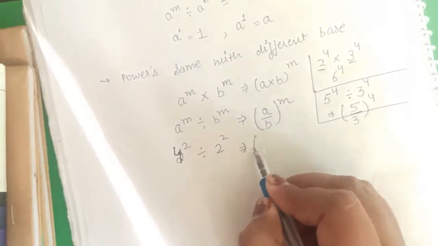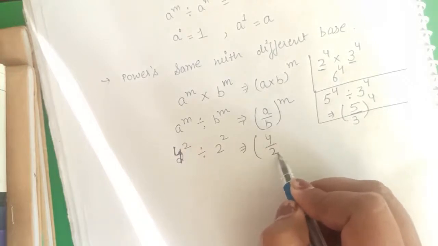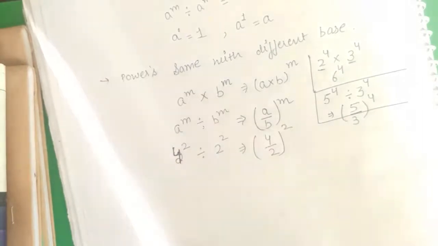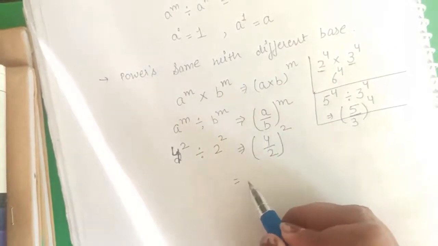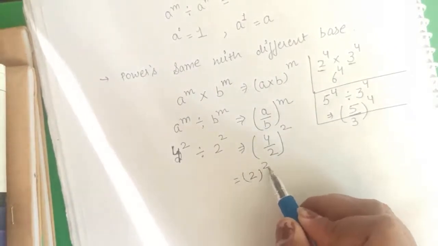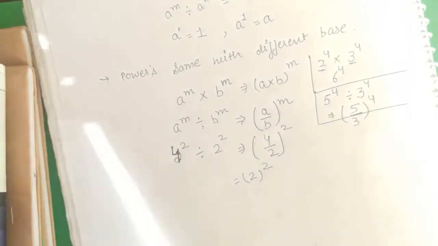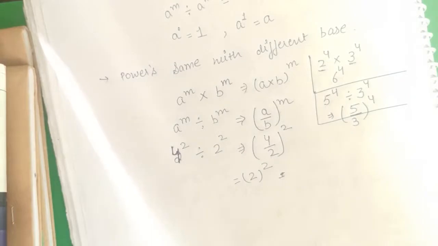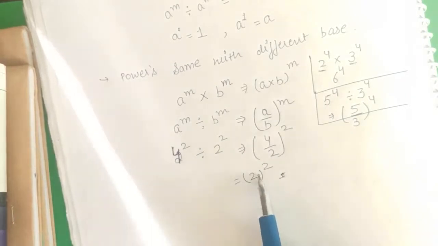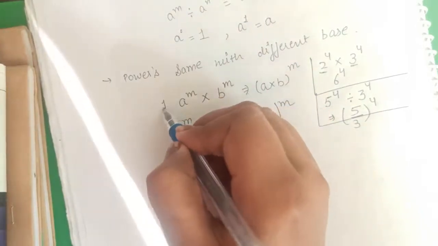So in this case, 4 divided by 2 to the power 2. It can be cut. 4 can be divided by 2. So your answer is 2 to the power 2, which is equal to 4. But you have to write in the form of powers, in the form of expression. So this is 2 to the power 2. Clear these? This is the first law.